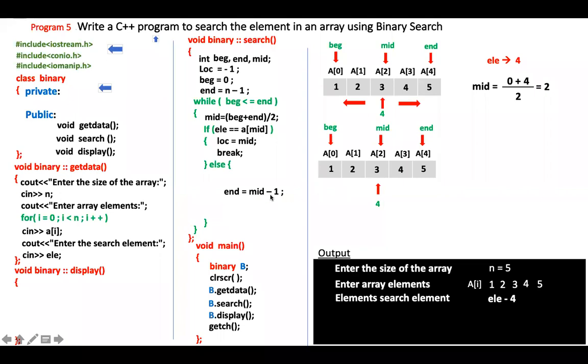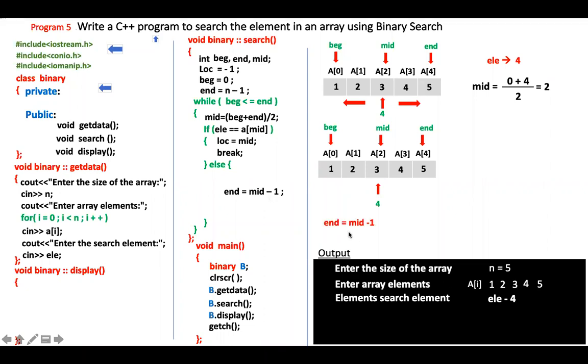Means if my element is not in the middle, then it will search on the left hand side whether my element is present or not. How will it come to the left hand side? This piece of code gives you that.